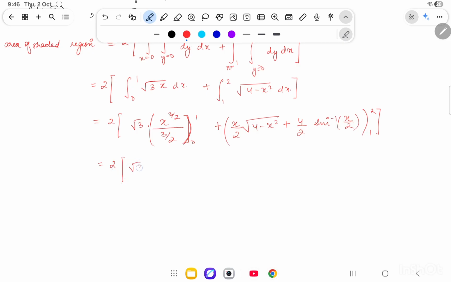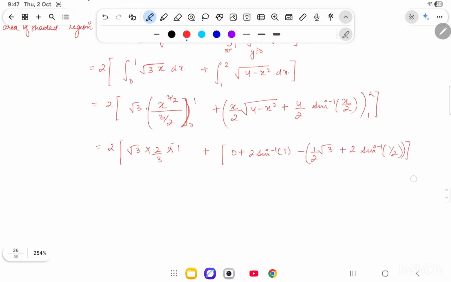So it is under root 3 into 2 by 3 into 1 plus this will be 0, 0 plus 2 sine inverse 1 minus, when I plug in 1 it will be 1 by 2 under root 3 plus 2 times sine inverse 1 by 2.